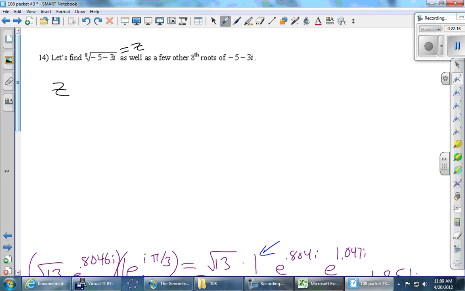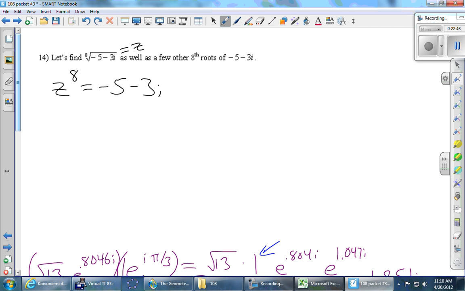Well, I suppose it means that if I take z and raise it to the 8th power, I should get something. Does that seem reasonable? Isn't that kind of what the 8th root means? It's find a number that when you raise it to the 8th power, you get the thing inside the radical. Another way to see it is just take the 8th power of both sides of that first equation. All right, so do we buy that? These are one and the same.